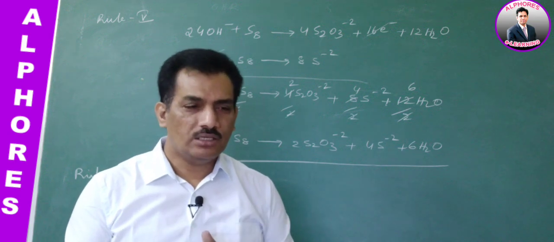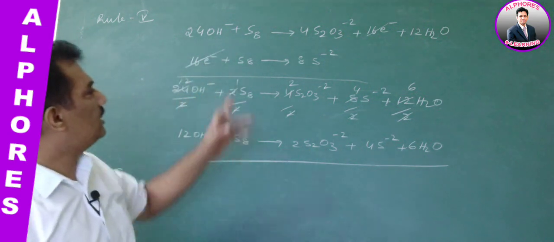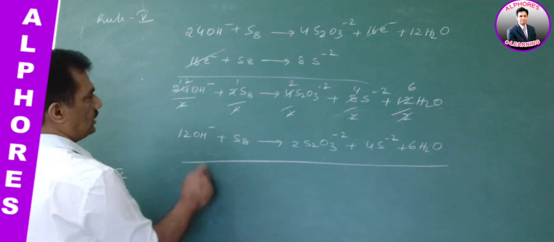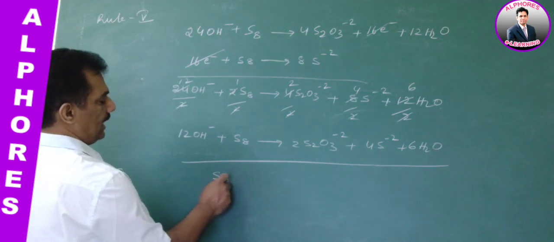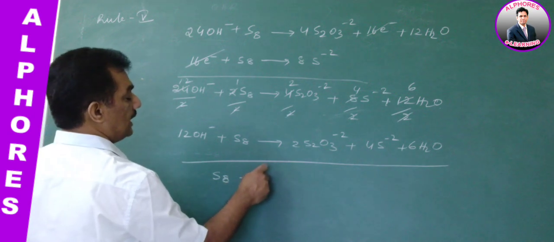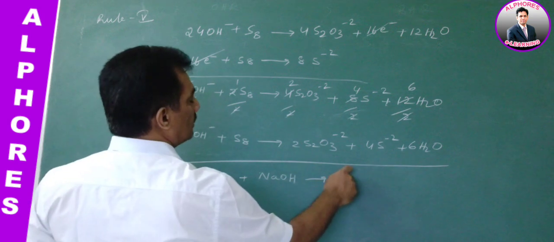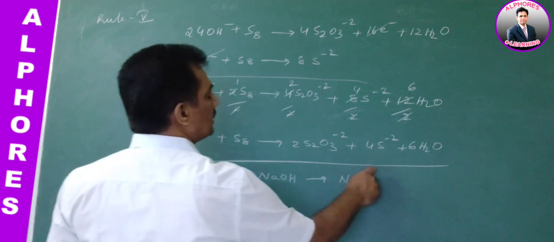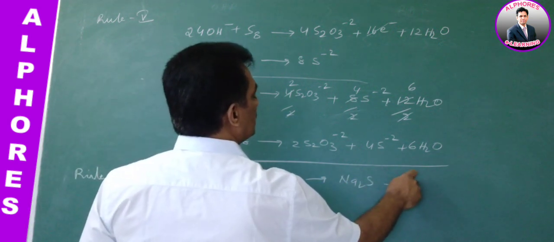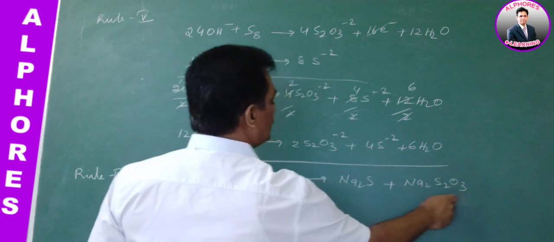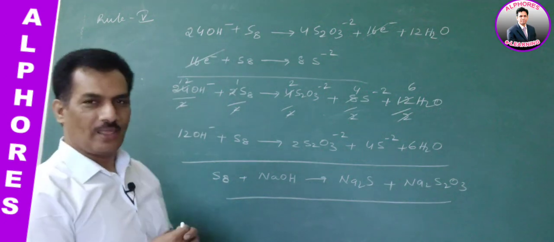Some people are asking, sir, in the beginning, what do we write for this? Let me write that equation. Actually it is given as S8 plus NaOH giving Na2S plus Na2S2O3. This is the actual equation, is it not?